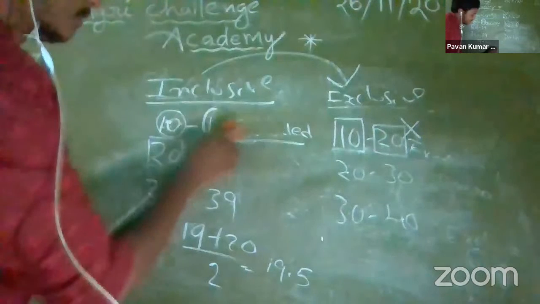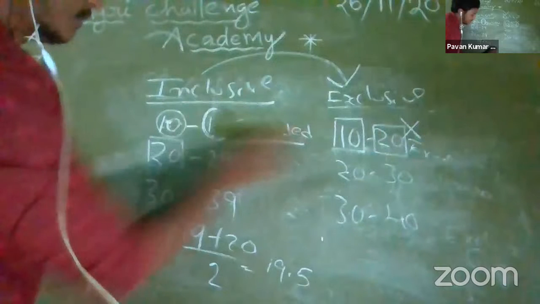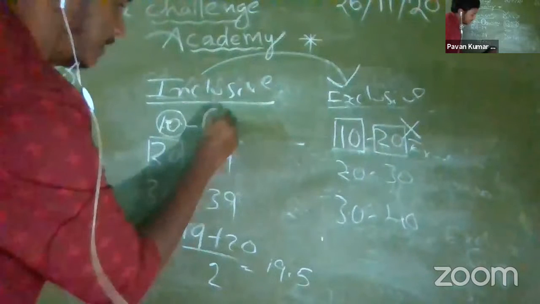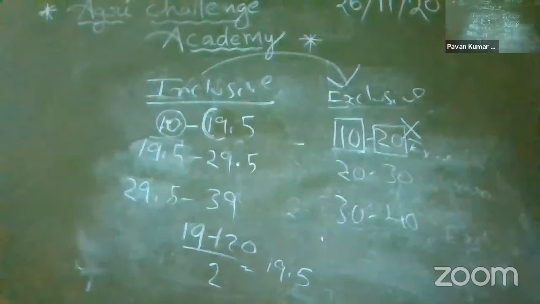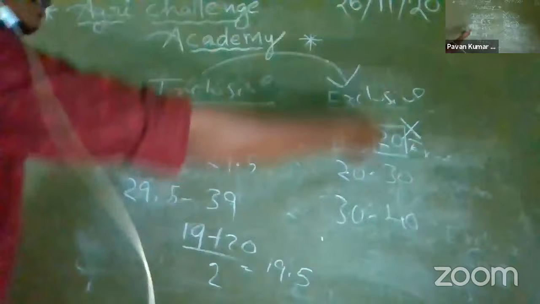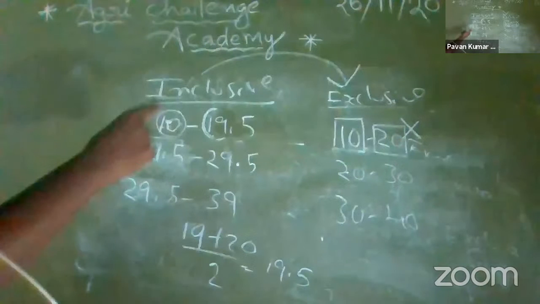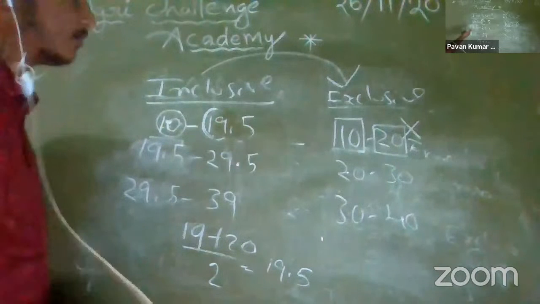These are 19.5 and here also 19.5. Like this, we will add 0.5 here and subtract 0.5 there, giving 29.5. Like this, we will convert inclusive into exclusive. It is useful for forming histogram, frequency polygon, frequency curve, and so many things.